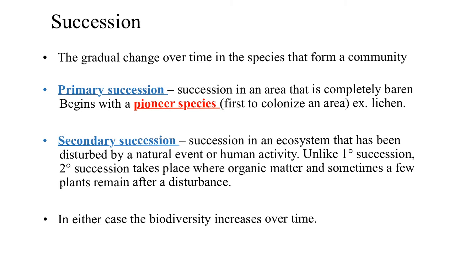And often, hiding in the soil, you will find plants and fungi that are still sticking around, just waiting for a good time to emerge. Regardless of whether it's primary or secondary succession, biodiversity will increase over time.